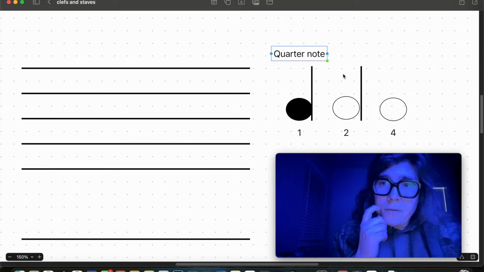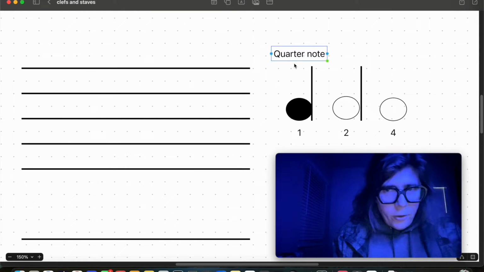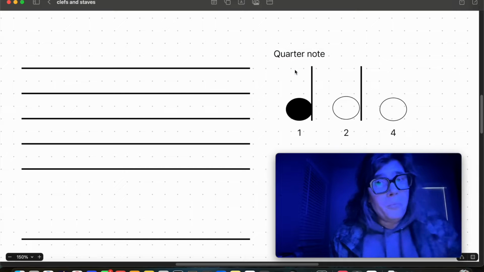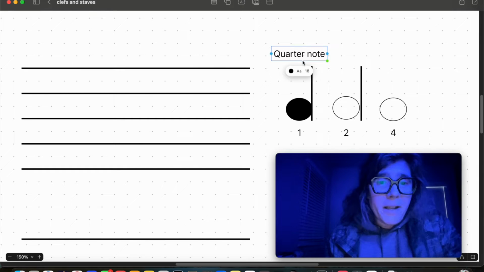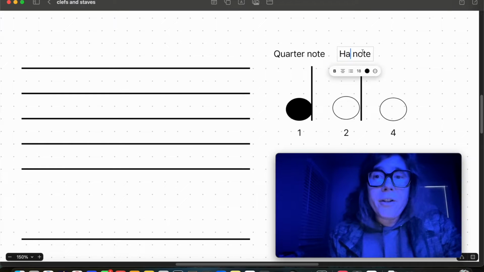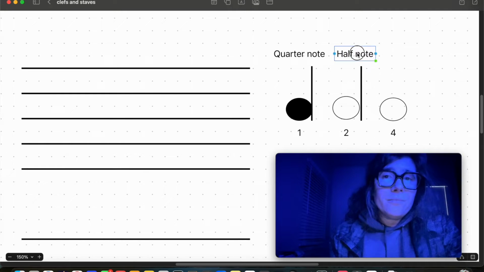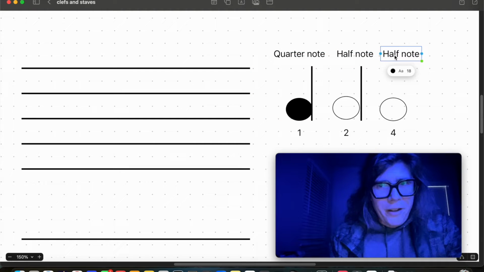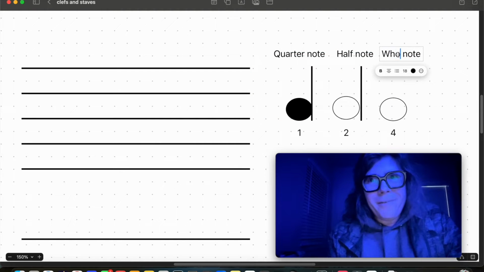Now, you could make an inference here, right? If that was the quarter note and it had a value of 1, the thing that has a value of 2 is likely to be our half note. And then go a step further. What do you think? It's going to be a whole note.